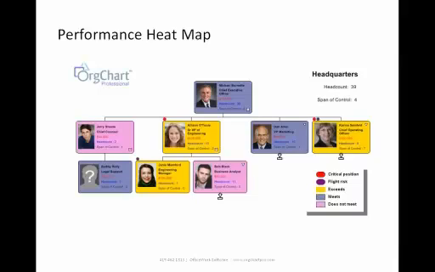Do we have people who are in positions where they're being underpaid? Do we have people in positions that need to find another position for them because of performance issues? So all of these things give you now the ability to create a heat map that enables you in the planning process to go beyond the spreadsheet, to go beyond the basic org chart, and to really get a clearer picture of the organization in context.